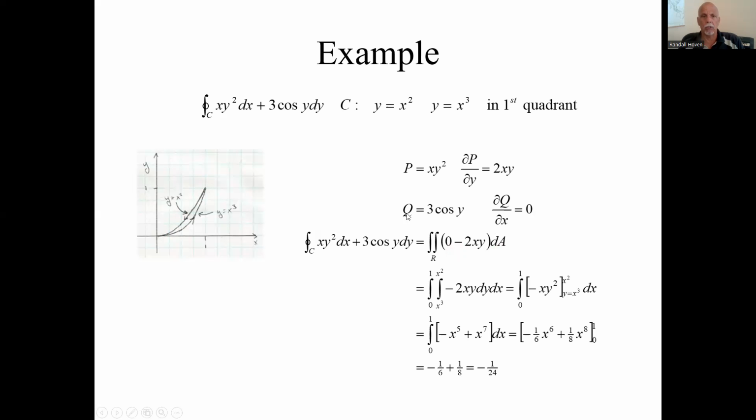And I'll do it over y first. And y will go from x cubed on bottom to x squared on top, of minus 2xy dy dx, and x just goes from 0 to 1. There is the setup.